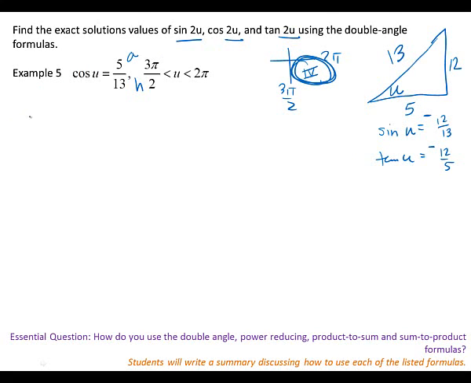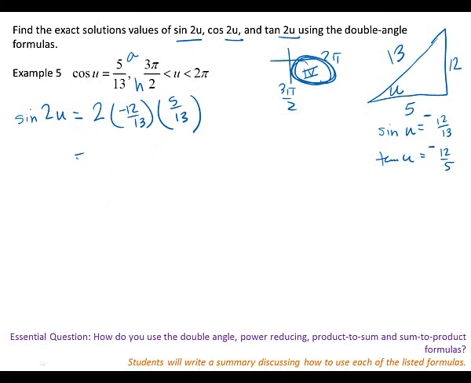Ready to apply the formulas? So here we go. Sine of 2u. What does the formula say we got to do? 2 sine times cosine. Okay, what was my sine? Negative 12 over 13. And what's my cosine? 5 over 13.